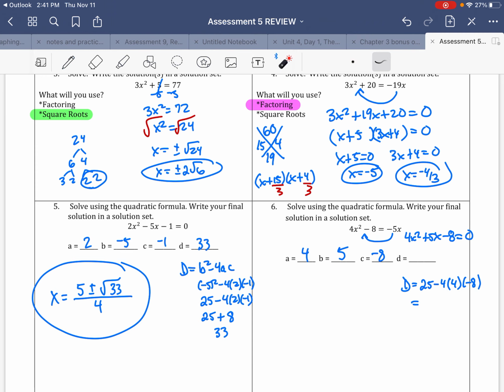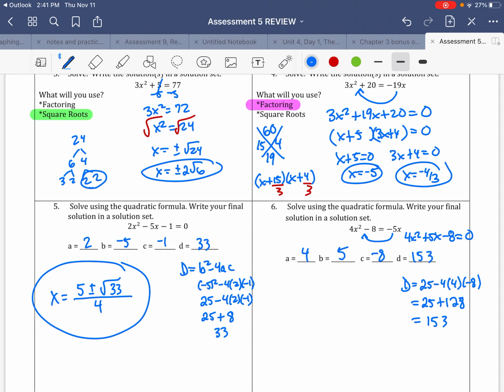So again, I have a negative and a negative, so this is going to be a positive in the middle. So it's going to be 25 plus, and let's see, 4 times 4 times 8. So that would be 16 times 8. It's 128. And 128 plus 25 is 153, which is actually a prime number. Nothing goes into 153, so 153.